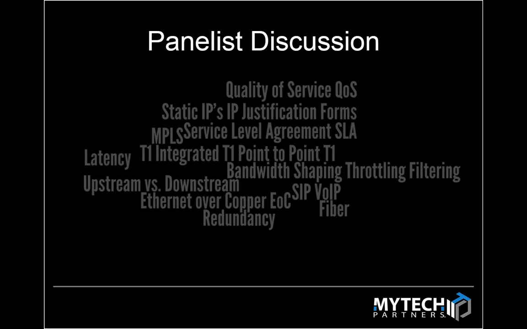But what I don't necessarily have a lot of experience with is Ethernet over copper and fiber optic connections. I understand fiber, but where is fiber prevalent in the market that we're talking about right now, and even wireless connections? What have you seen there as far as new connectivity types that have only been around because of building out the infrastructure in the last few years? John, Jim, do you want to pick that up and elaborate?